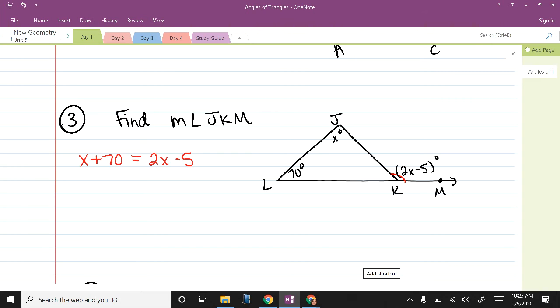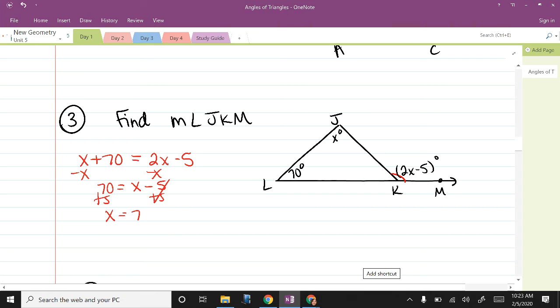All right, how do I solve that for X? Yeah, that's probably the easiest move. So 70 equals X minus 5. Add 5, and X equals what? X equals 75 degrees. So you've got two ways you can find the measure of that angle.